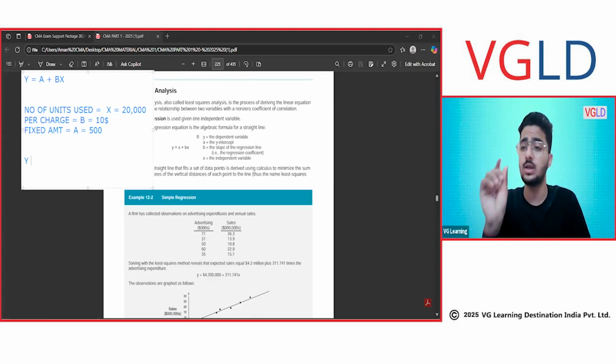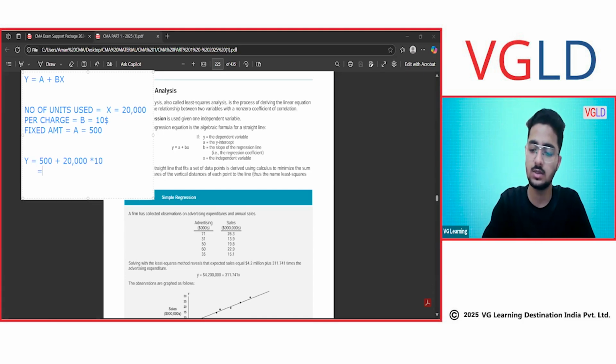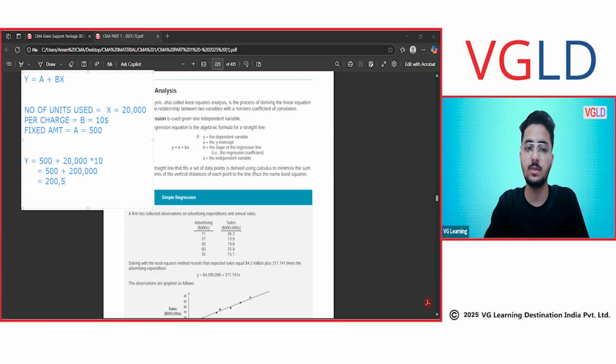The total electricity bill will be 500, that's fixed, plus 20,000, that's your X, multiplied by 10. That is 500 plus 2 lakh, which gives you $2,005 as your total electricity bill cost. So that's what regression analysis is.